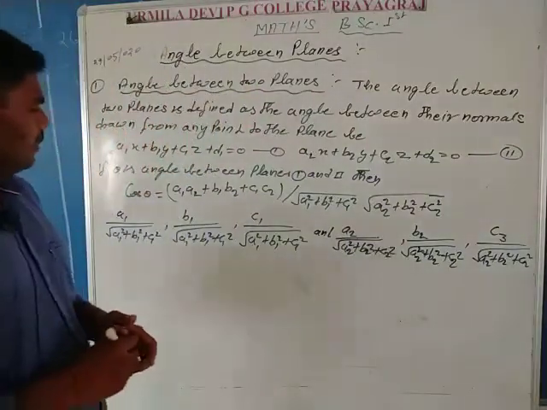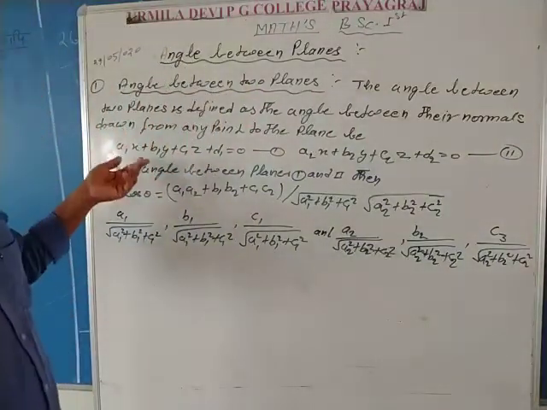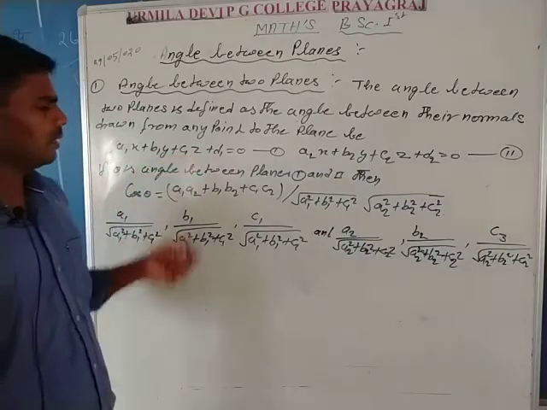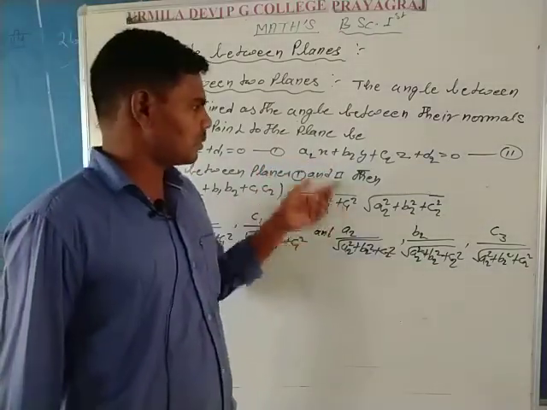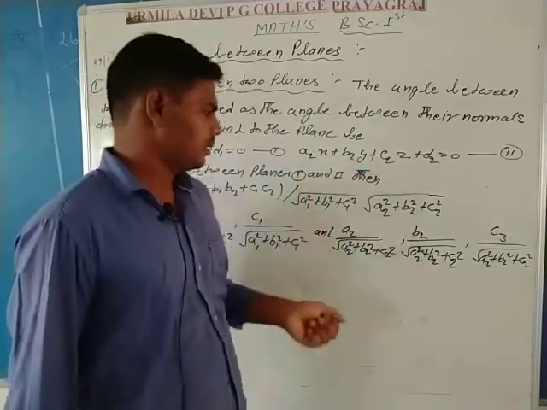These are the direction cosines of the normal to the first plane and of the normal to the second plane.